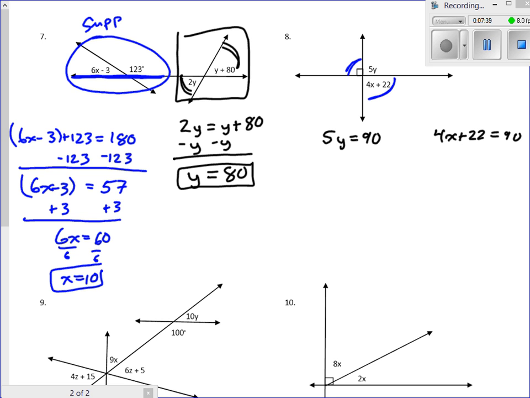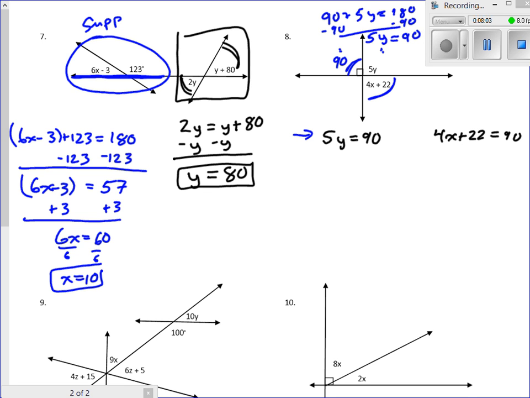The 4x plus 22 and the 90 are vertical angles, and then the 90 and the 5y are supplements. So 90 plus 5y equals 180, but as soon as you do that first step and you subtract 90 from both sides, you're left with 5y equals 90, which is where we started right there.